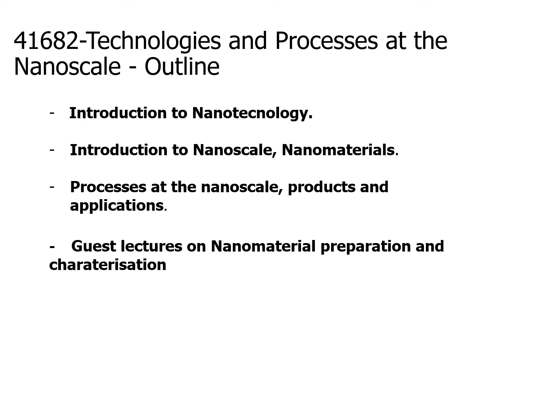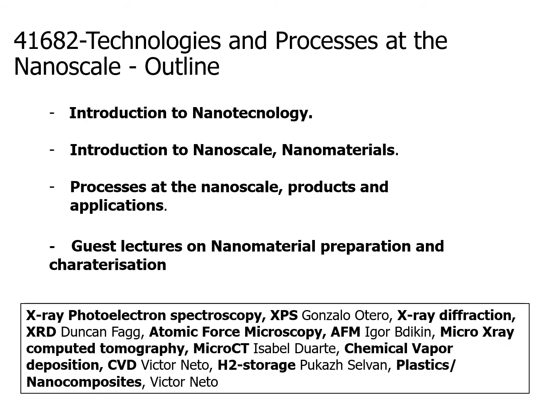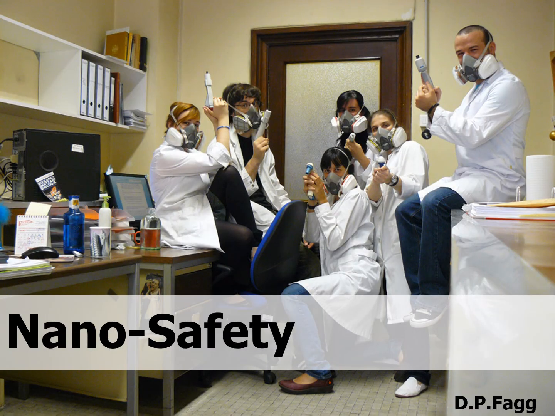Then we will move on to have these guest lectures on nanomaterials preparation and characterization, which you can see here, many different types of techniques of characterization of nanomaterials and also ways of making nanomaterials. Nanomaterials in hydrogen storage and in plastics and nanocomposites, etc. We'll also give you a little bit on nanosafety, because obviously if we're changing the properties of our materials, giving ourselves new properties, we have to make sure that these properties are actually safe and that we are not going to make ourselves ill by the use of nanomaterials.